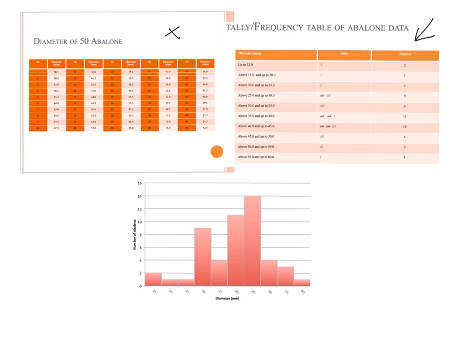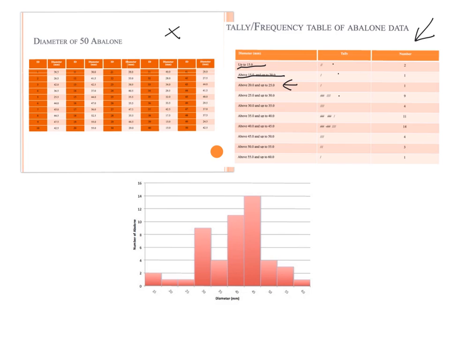So here the groups are listed: up to 15 millimetres, diameters between 15 and 20, and so on. Then the numbers in each group are counted, and then the numbers are added up.